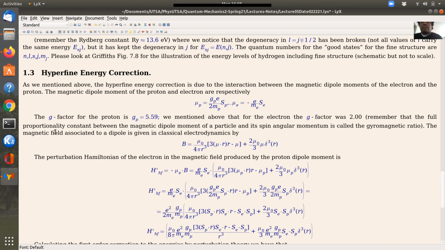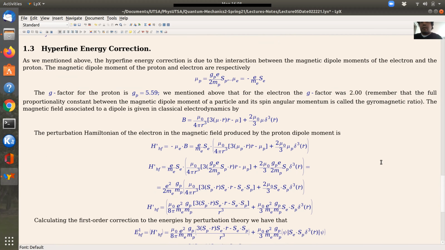And so the magnetic field associated to the dipole in classical electrodynamics is given by this formula, right? So we're going to use the classical term extended as a quantum operator. This magnetic field has some constants, 1 over r cubed. Then you have a projection of mu in the direction of r.